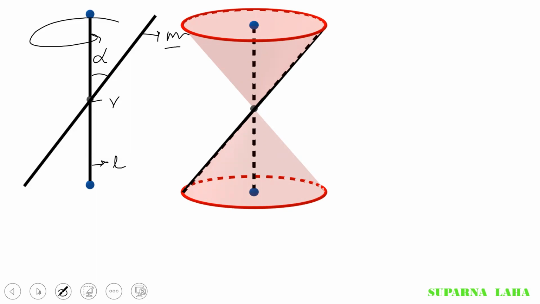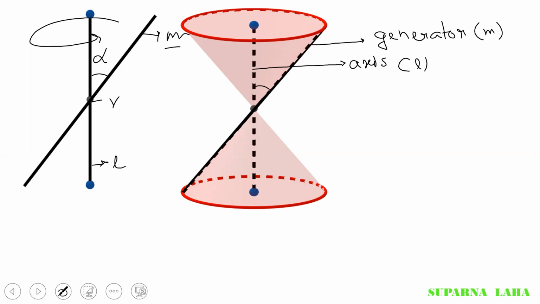Here, this is called the axis, and the axis is the line L. This line M is called the generator, and this angle is called alpha.